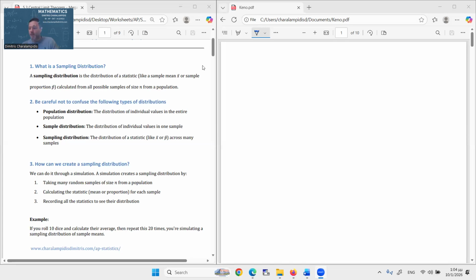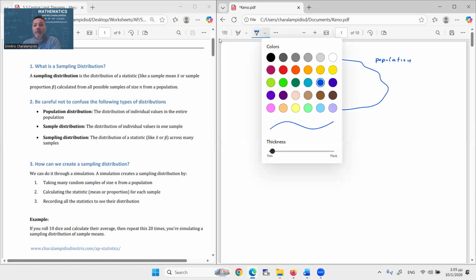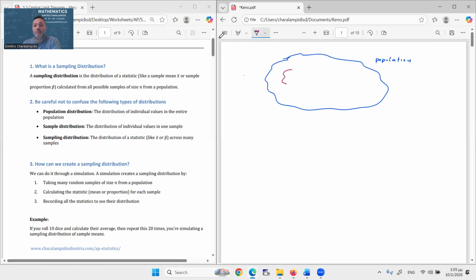Let me try to visualize it on the right side of the screen. Let's assume that I have a population of individuals, and I randomly get a sample of size n.